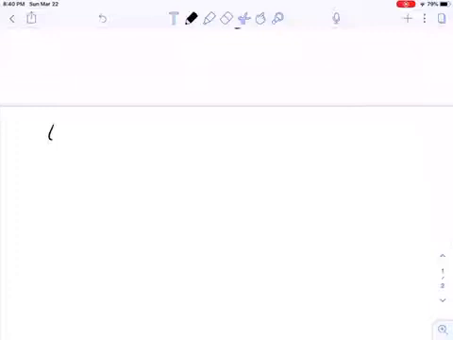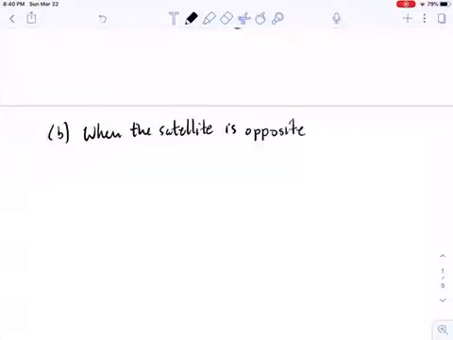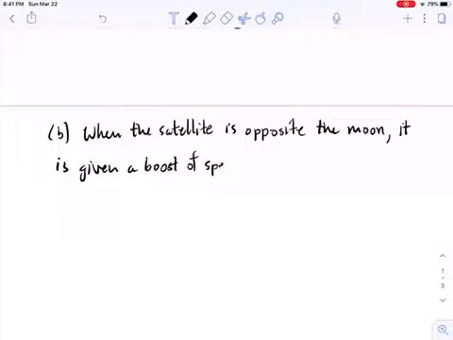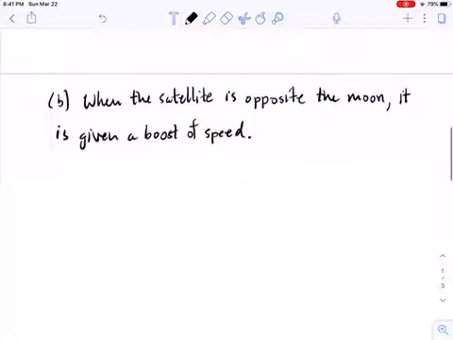Okay, B. So when the satellite is opposite the moon, it is given a boost of speed. So maybe there are some little rockets attached to our satellite, and at some point those rockets fire and it increases the speed.